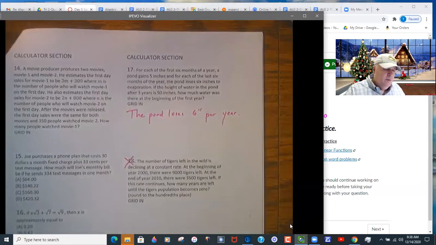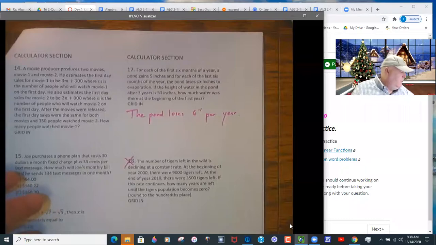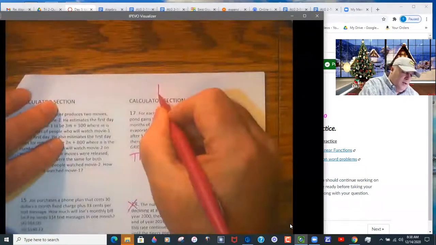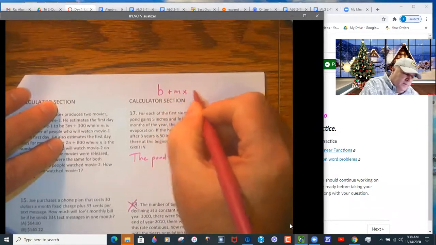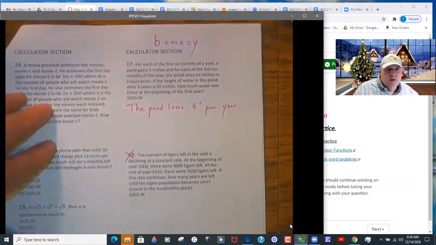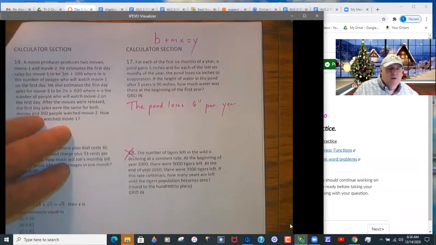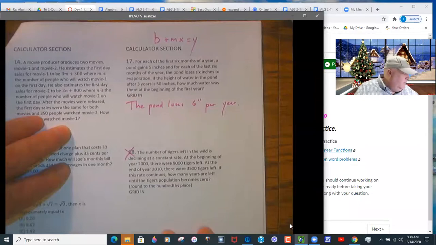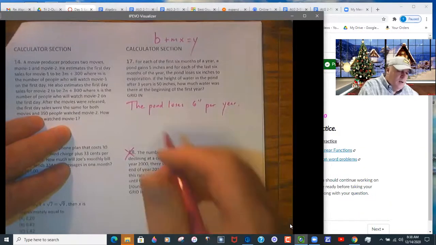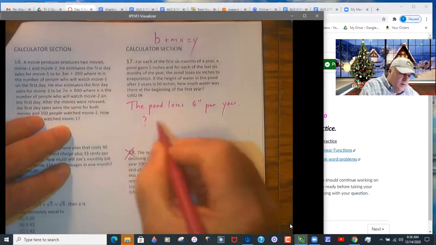So if the height of the water in the pond after 3 years is 50 inches, how much was there at the beginning? So this is the whole B plus MX equals Y thinking. And so we actually don't know the B. So we'll put question mark there.